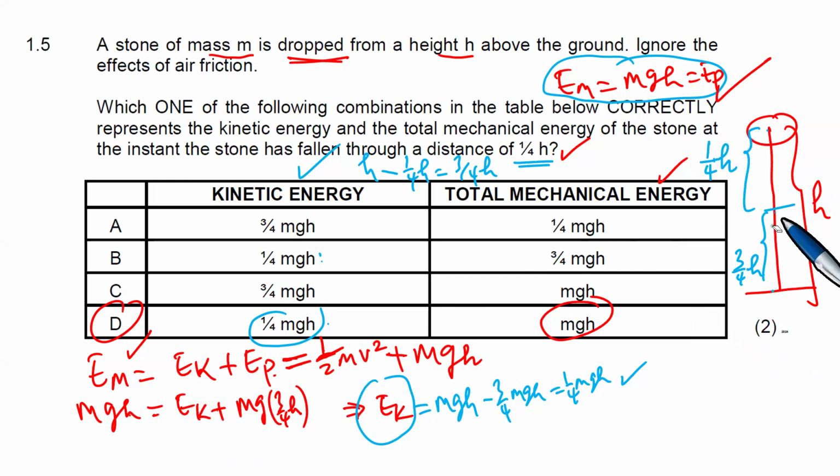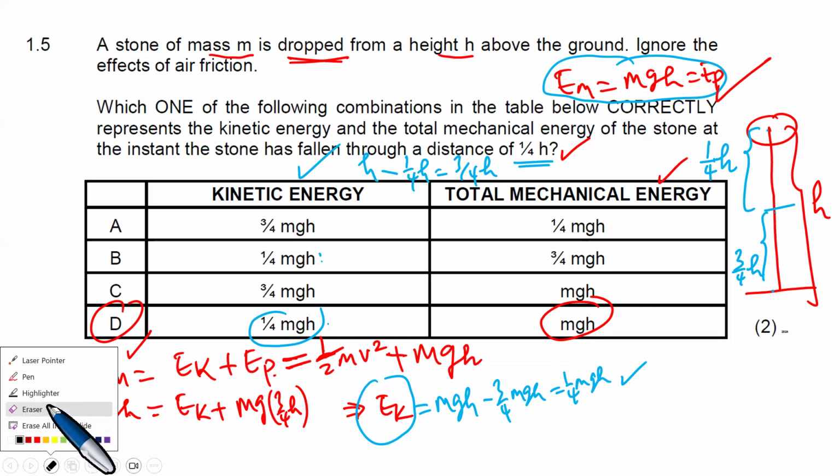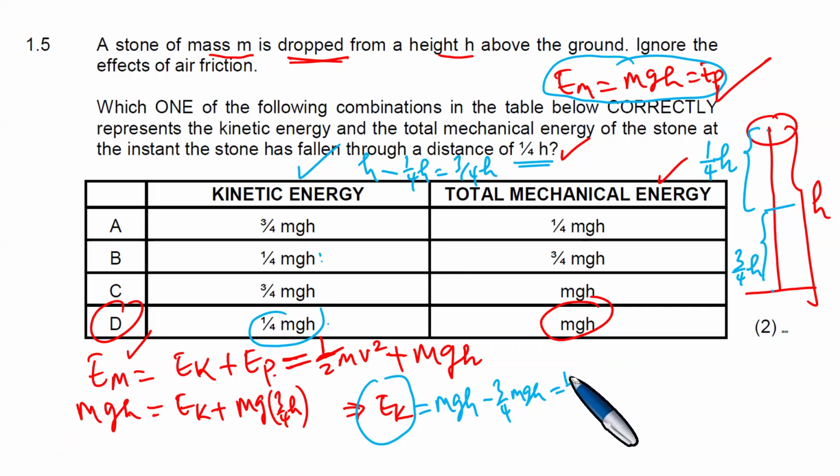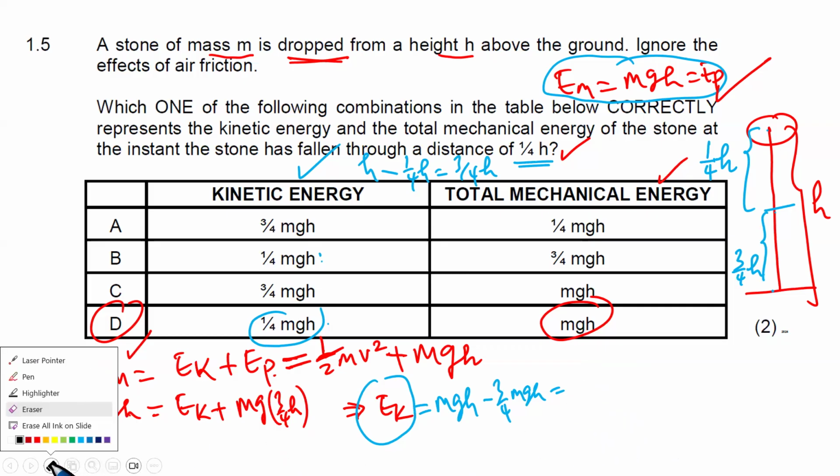But when it reaches the middle, there is both kinetic and potential. So we have mgh minus mg times 3/4 h, which is 1/4 of mgh.